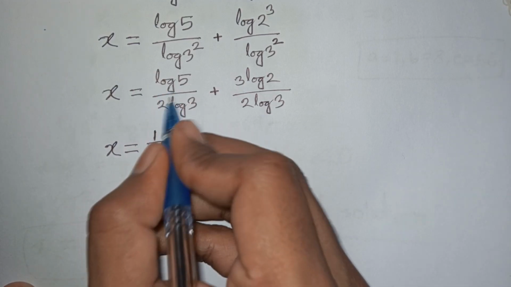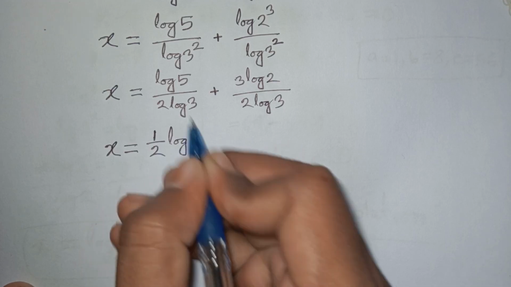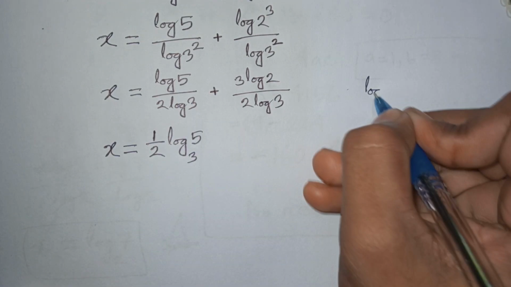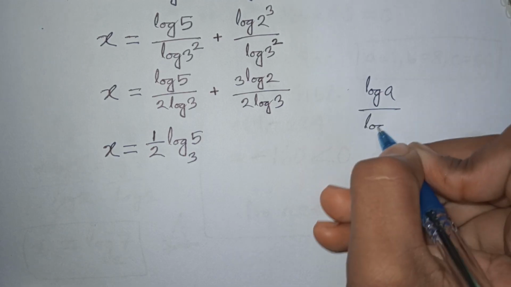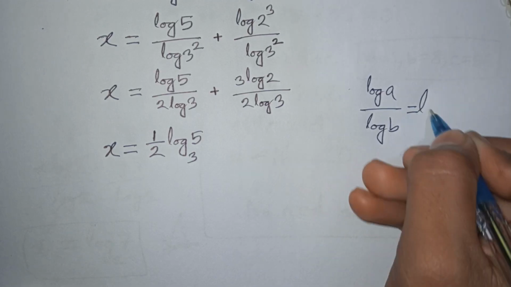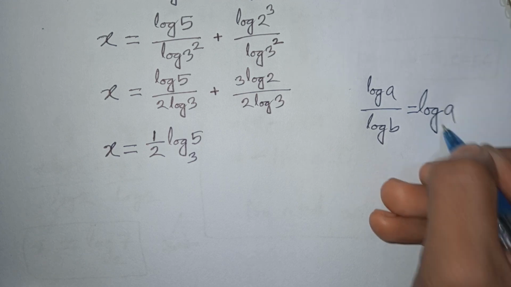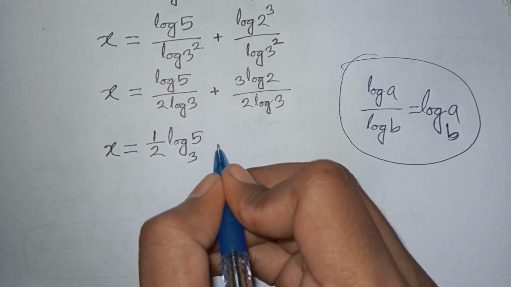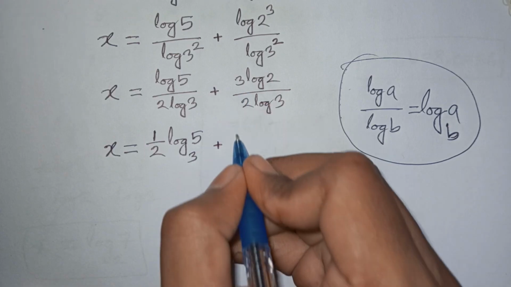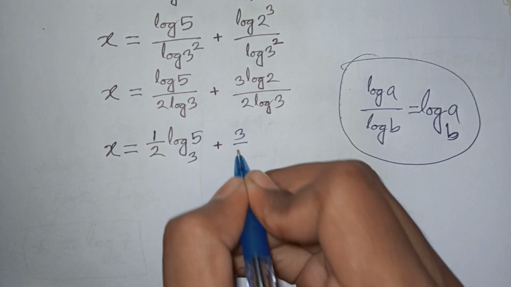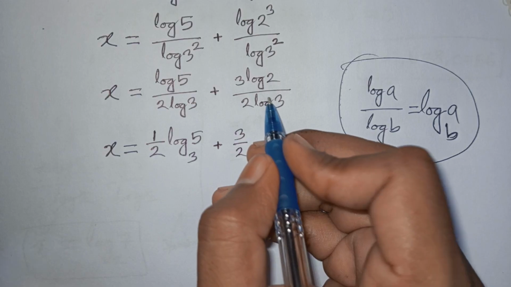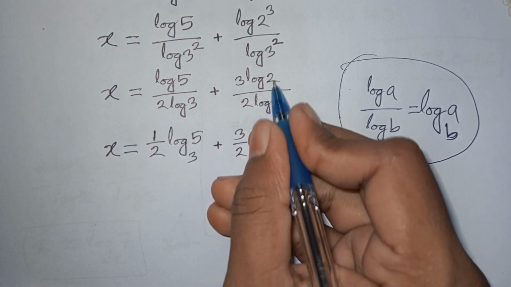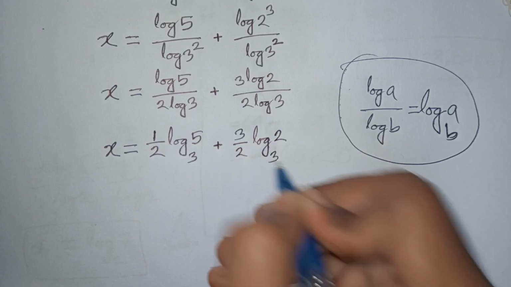Then log 5 over log 3 is same as log 5 base 3, according to this formula, log A divided by log B is equal to log A base B. Then plus here 3 over 2. Then log 2 over log 3 is same as log 2 base 3.